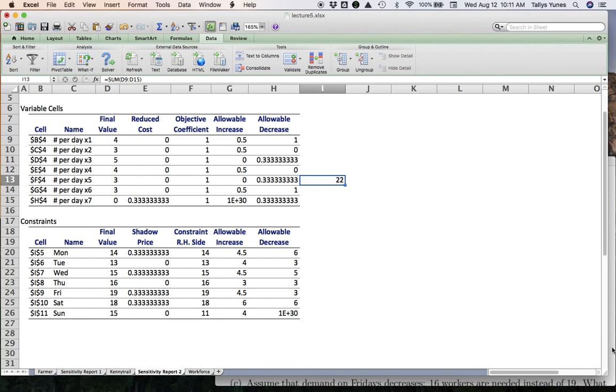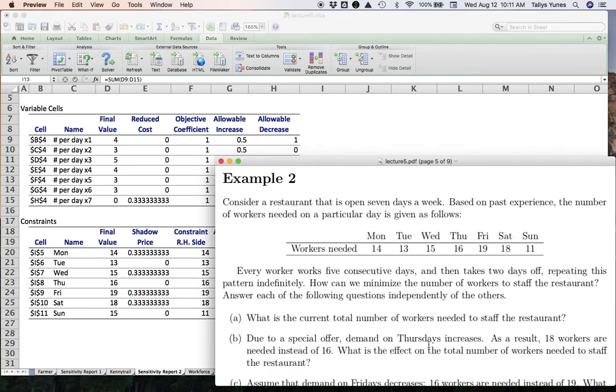And because demand increased, you now believe that you need 18 workers on duty on Thursday, as opposed to your current 16. What would be the effect of this change on the total number of workers needed to staff the restaurant? And remember, the total number of workers staffing the restaurant is our objective function, right? So let's take a look.